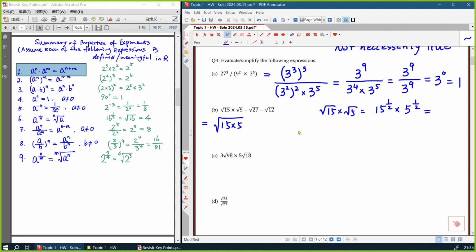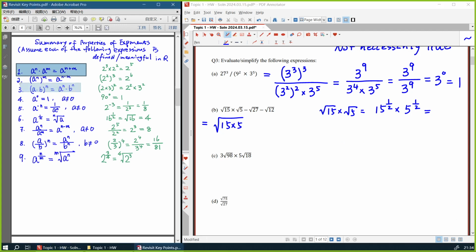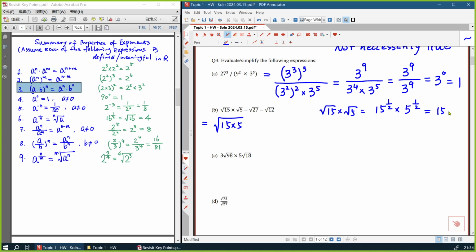And according to property number 3, we know we can calculate the product first. That equals 15 times 5, then together raised to the power of 1 over 2. And again, 15 times 5 to the power of 1 over 2 is actually the square root of 15 times 5. You see that?